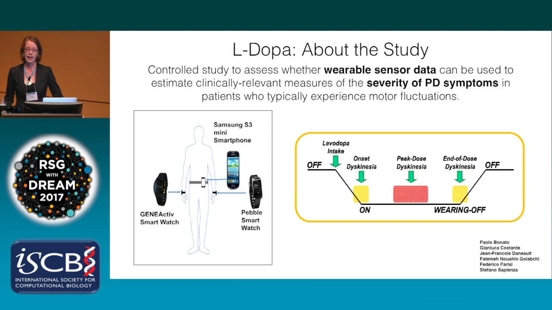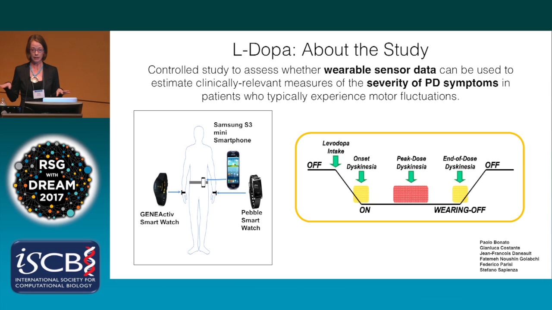So the second data set is one that Mark alluded to that was sponsored by the Michael J. Fox Foundation. This is a study of whether or not wearable sensor data can be used to assess symptom severity in patients who experience motor fluctuations. So what does that mean? Not all Parkinson's patients are well controlled by their medication.